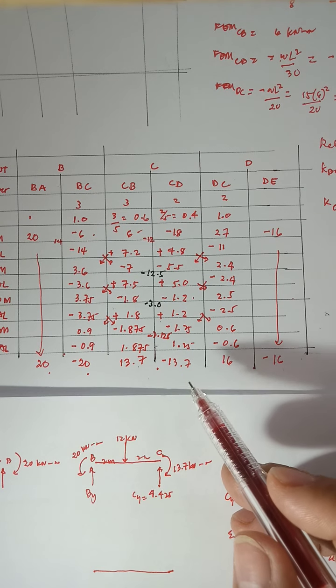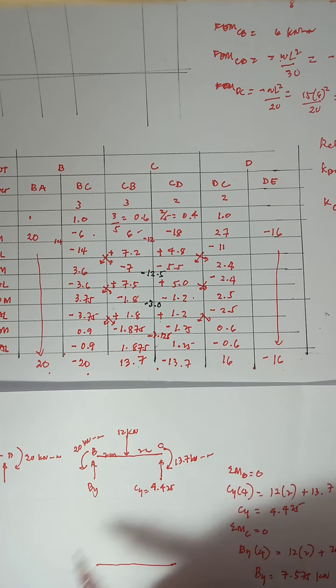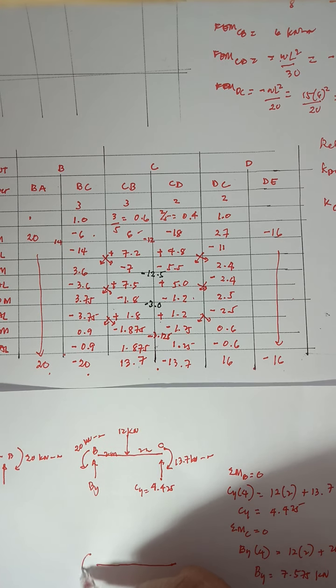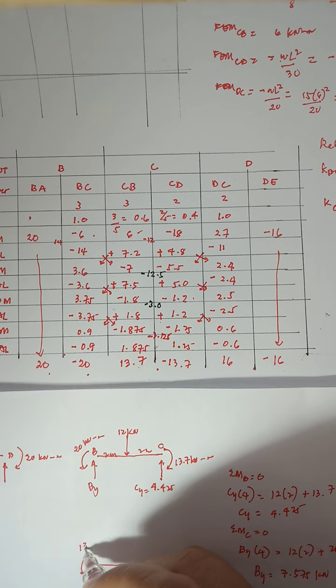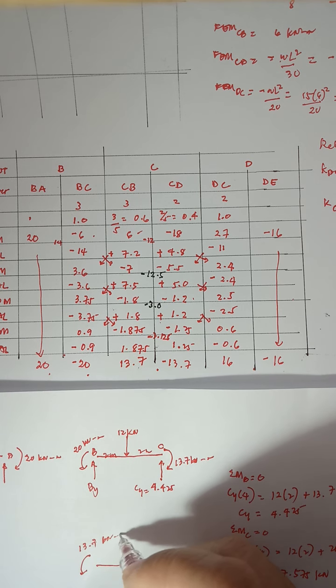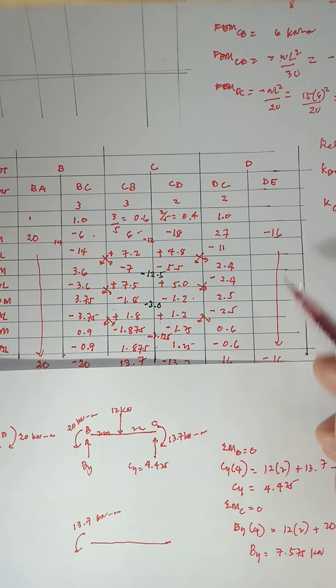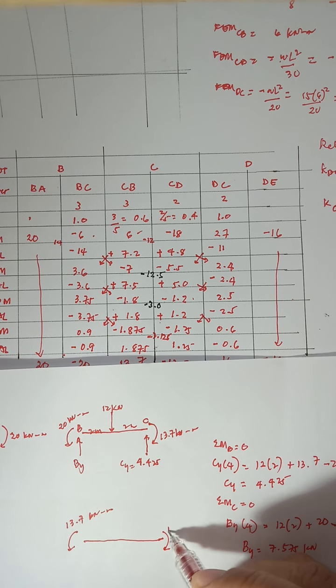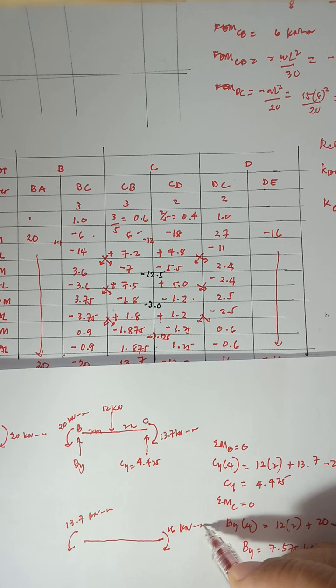Okay, so on span CD, the moment at CD will be at the left end, and since it is negative, it is counterclockwise 13.7 kilonewton meter. And for DC, you have positive 16 kilonewton meter.